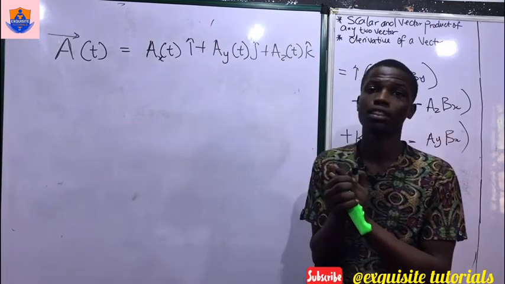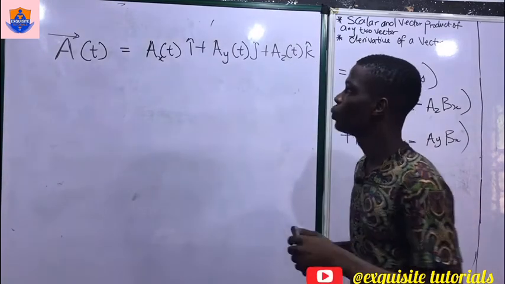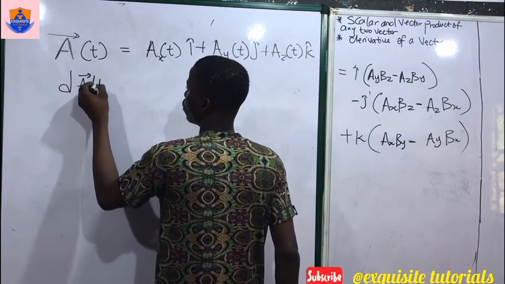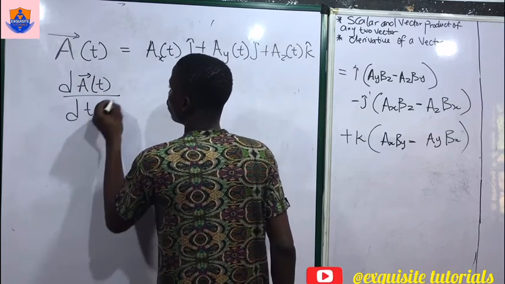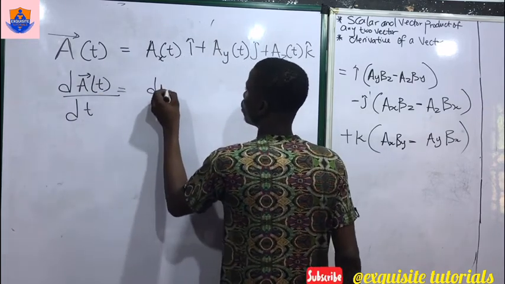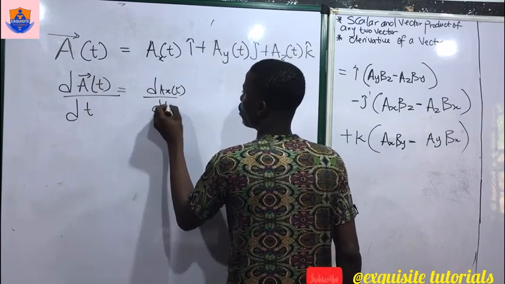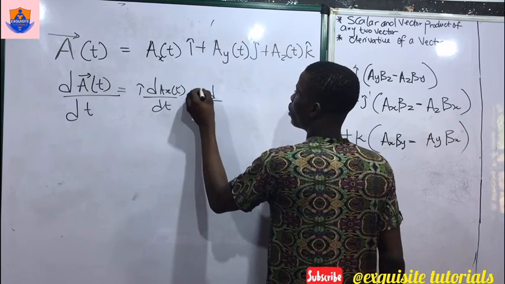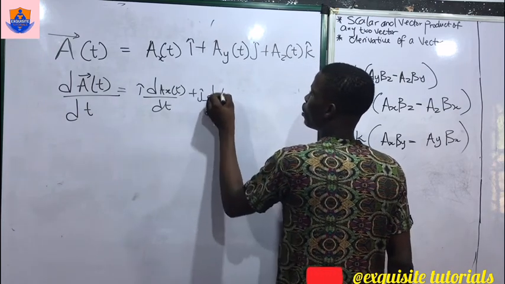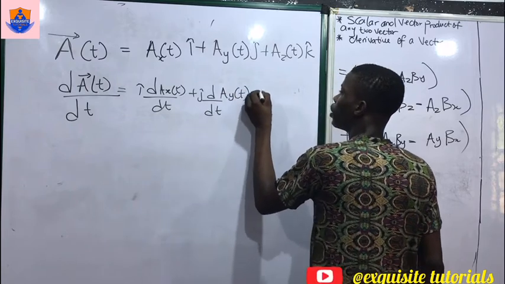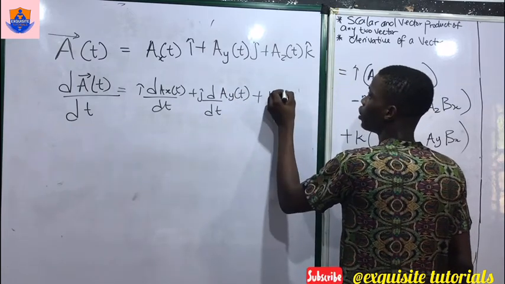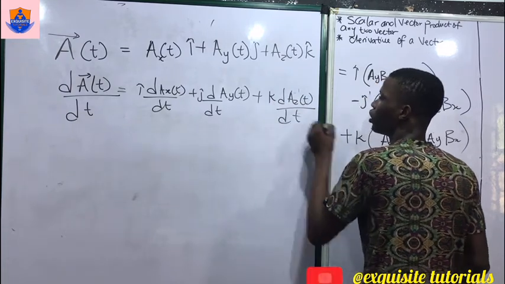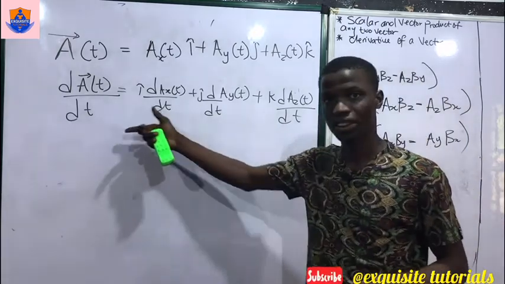It can be displacement, it can be other values outside time. So if I'm told to get the derivative of this vector, this is how you get the derivative of a vector.